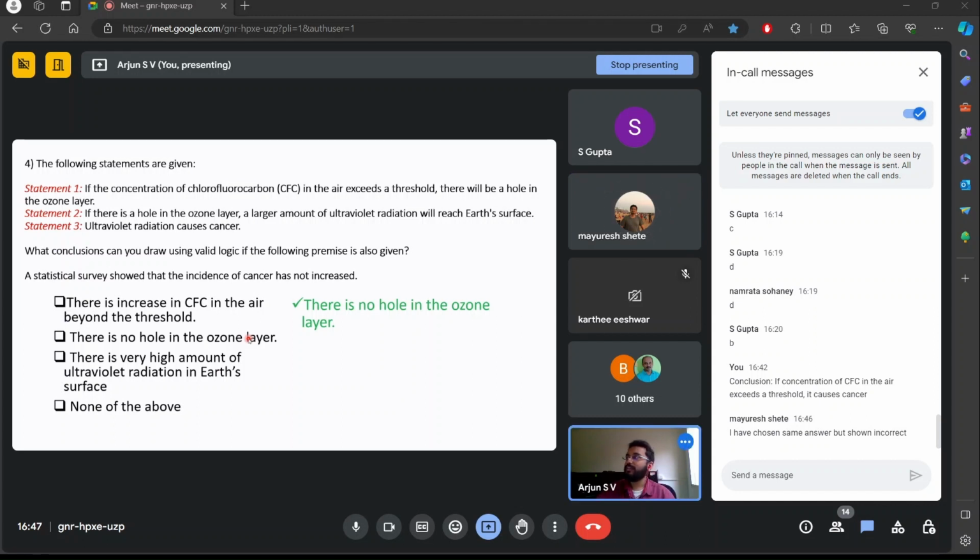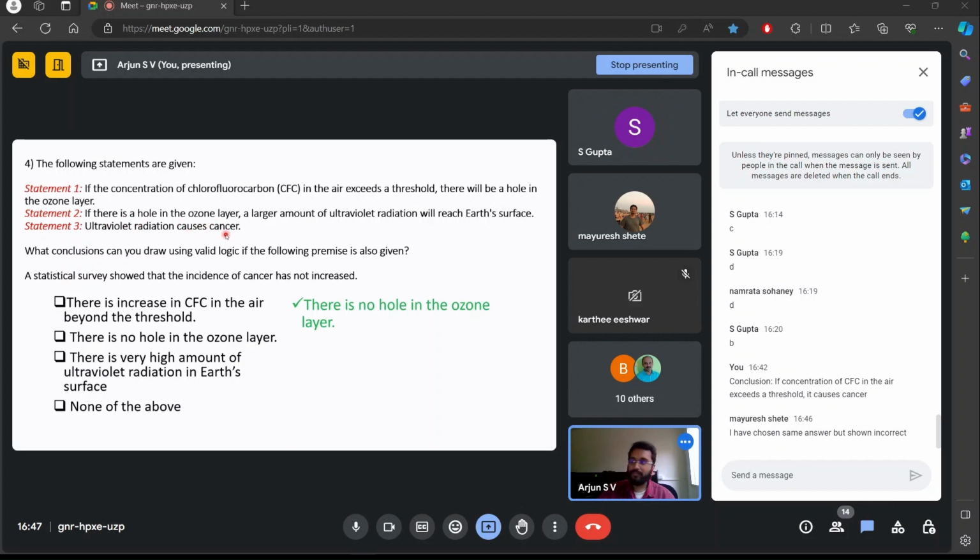See, statement 3 says that A causes B. Your premise says that not B. So not A is the correct answer. So there is no hole in the ozone layer. Sorry, statements 2 and 3. You have to combine statements 2 and 3 and the conclusion is that if there is a hole in the ozone layer, it causes cancer.